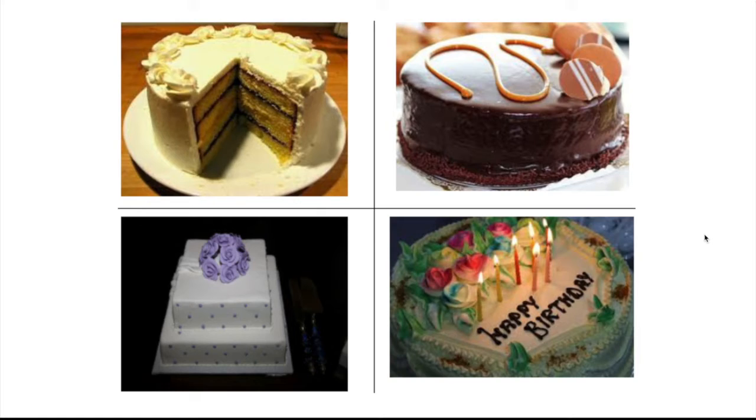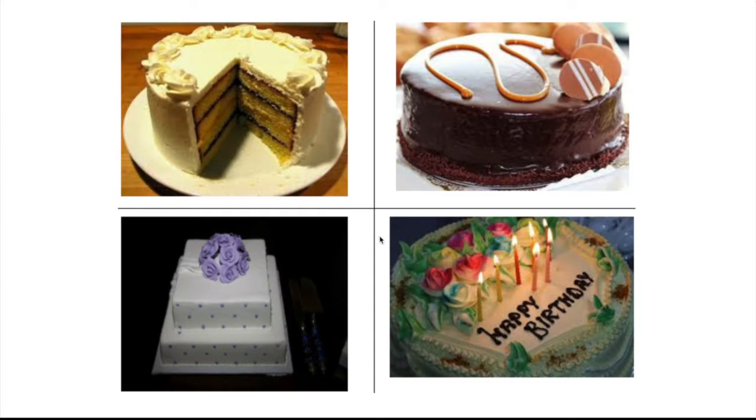If you thought this one doesn't belong, maybe you thought that because this one in the top left has a slice taken out of it, and none of the other cakes have slices taken out of them. Maybe you thought the one in the top right didn't belong, and maybe that was because this is the only one with chocolate frosting. All the others have white frosting.